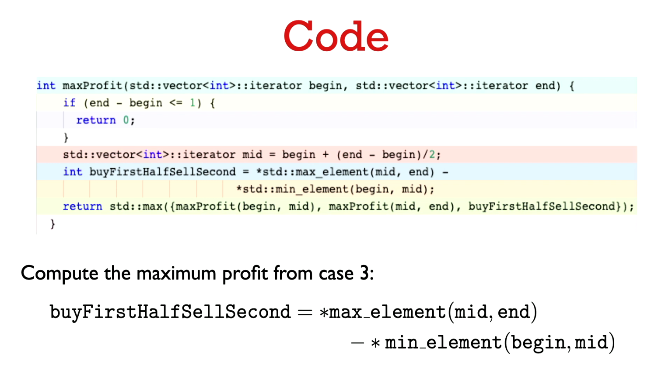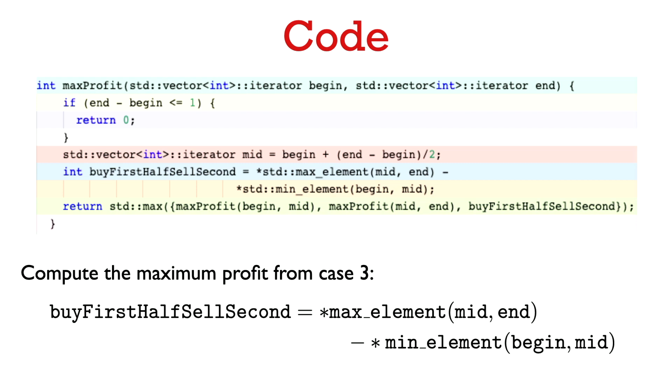Okay, and then we can directly compute the maximum profit achievable in case 3, where we buy the stock in the first half and sell in the second half. So I'm just using some library functions here called max element and min element. They're in the algorithm library. So we can just do this step in one line using these library functions.